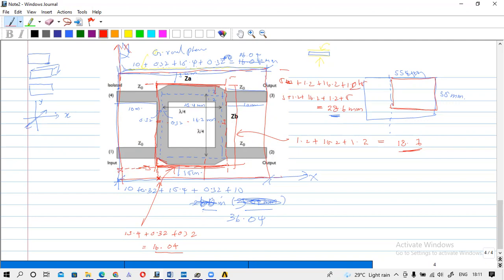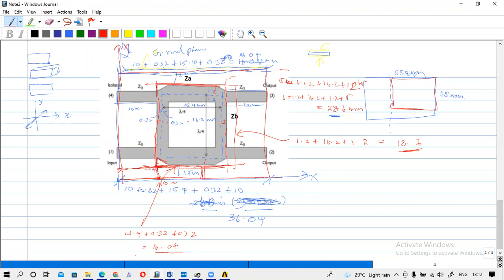What is this coordinate? It is 10 millimeter because of the transmission line, and here it is 5 millimeter. So the x-axis is 10 millimeter, y-axis is 5 millimeter.